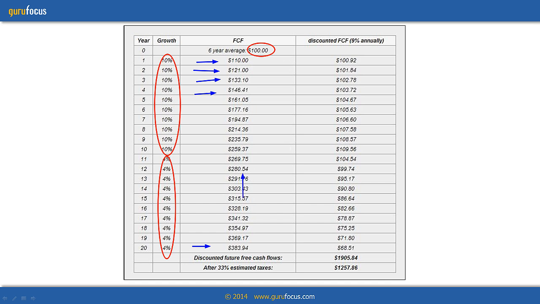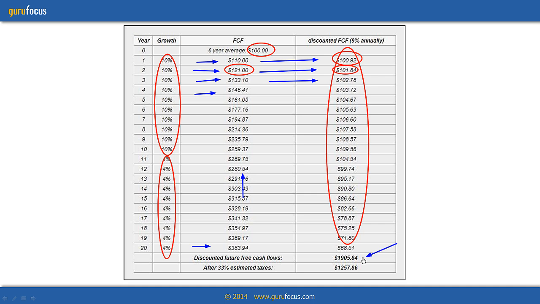Then it takes each one of these figures and discounts it back at a rate of 12% per year. So $110 a year from now is worth about $100.92 to you today. $121 two years from now is worth this. It goes on and on, and it totals all these up, gives you this figure, and divides by the number of shares, and that's your discounted cash flow figure.